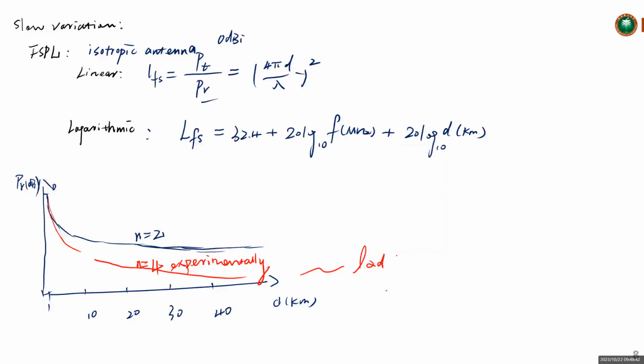So according to this law, in the ITU models or the ITU theoretical models for the power loss distributions, it can be expressed as A plus 10 times N times log of d in kilometers.